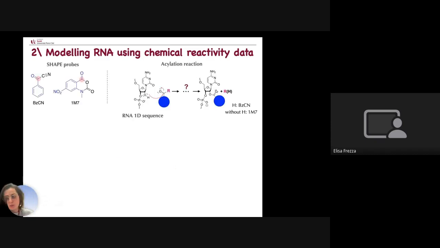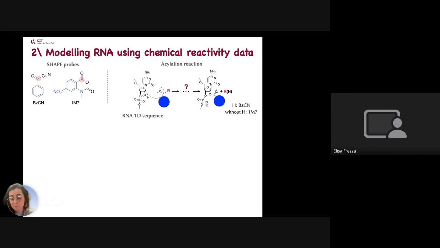One of the key techniques is called SHAPE. It is quite important because it allows acylation of the ribose hydroxyl, and there are different probes that can be used to do that.